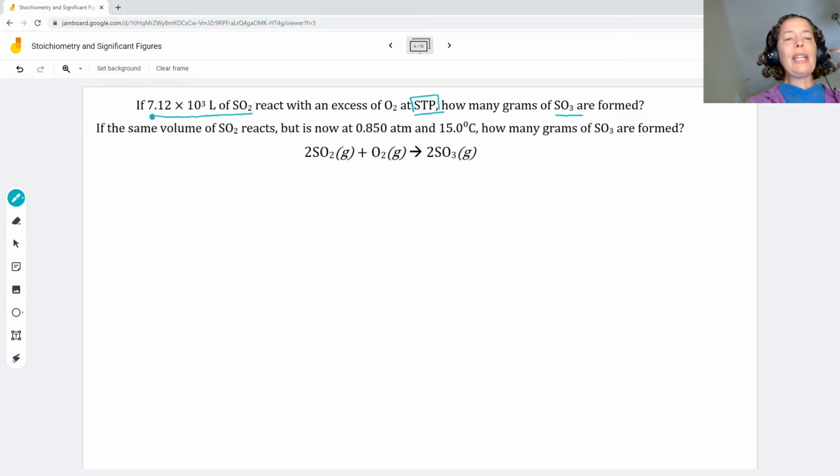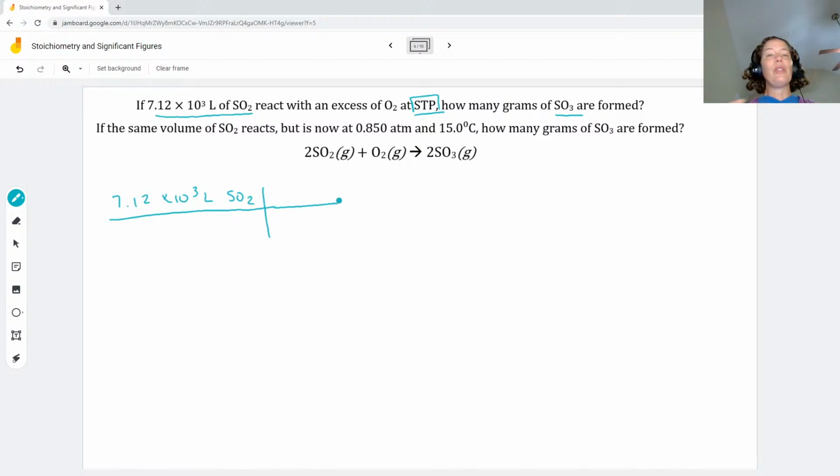Okay, so let's start with what we're given. Let's start with our 7.12 times 10 to the third liters of sulfur dioxide. Again, because we're doing stoichiometry, we want to get to moles. That is the ultimate goal, so we can use our mole ratio. So my molar volume is going to convert my liters of sulfur dioxide into moles of sulfur dioxide.